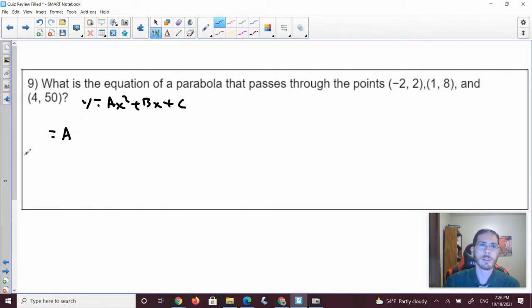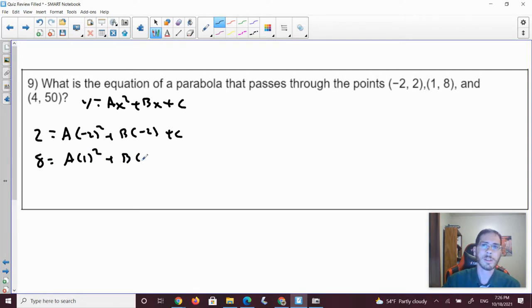For the first point, 2 equals a times negative 2 squared plus b times negative 2 plus c. For the second point, we get 8 equals a times 1 squared plus b times 1 plus c. For the last equation, it would be 50 equals a times 4 squared plus b times 4 plus c.